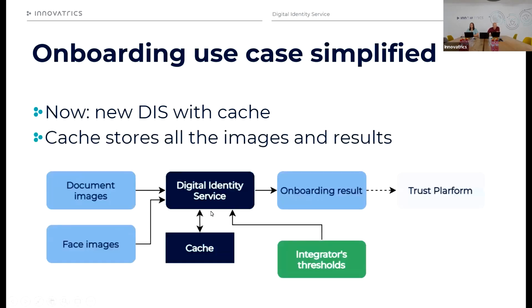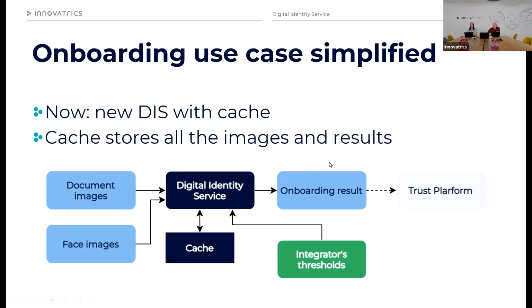With the new product, we have brought cache to the component, and thanks to this, the integrator can just easily upload the document images and the face images to the digital identity service. The integrator just configures the thresholds of the identity service, and the identity service internally does all the logic to return the onboarding result.